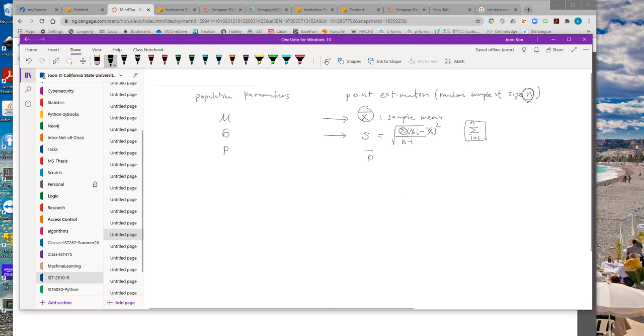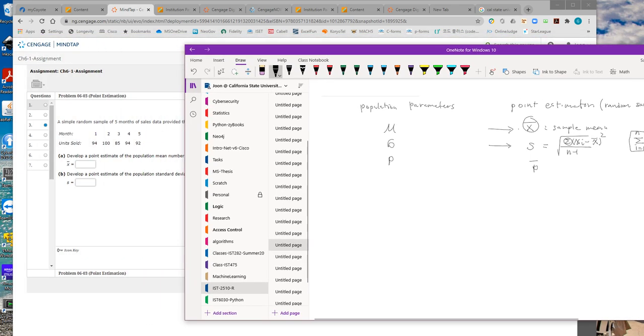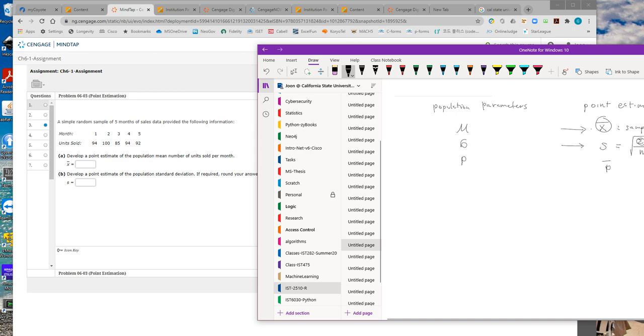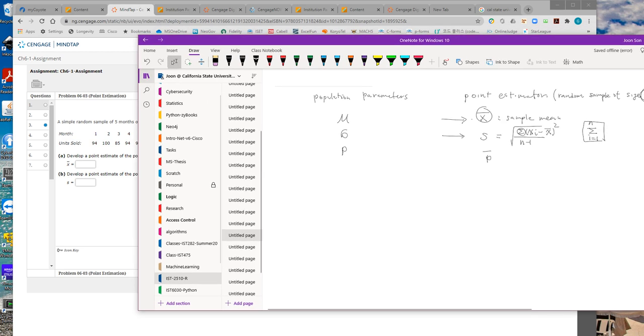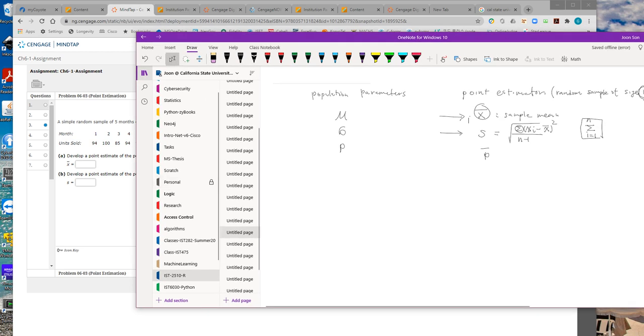Now, the problem asks you to find x bar, the point estimate of the population mean. This is relatively easy because you have 5 values, so the size is n, and we need to find the average.